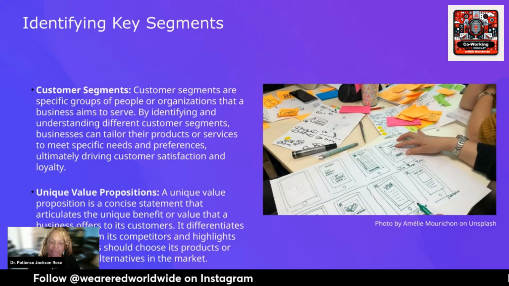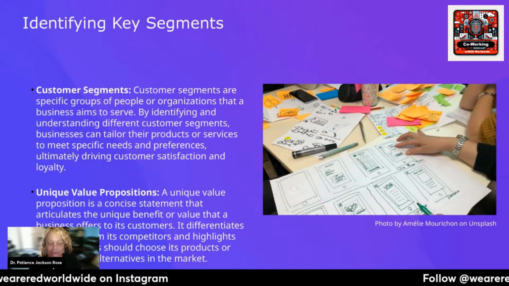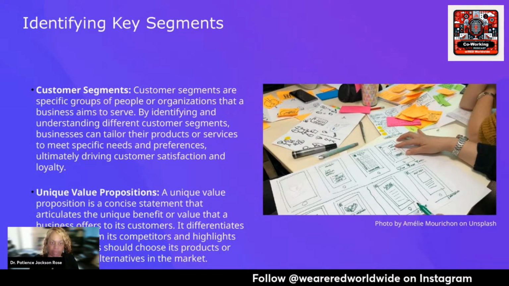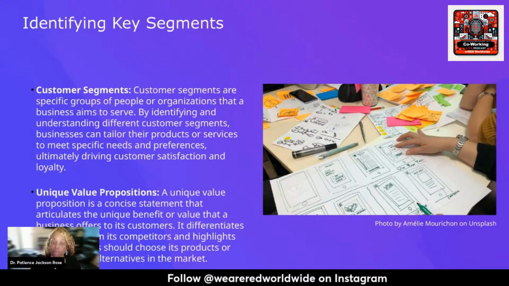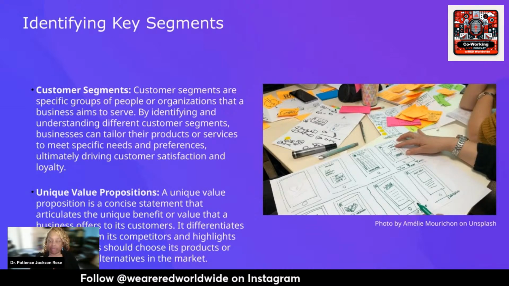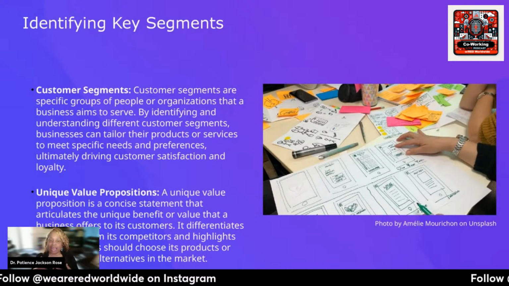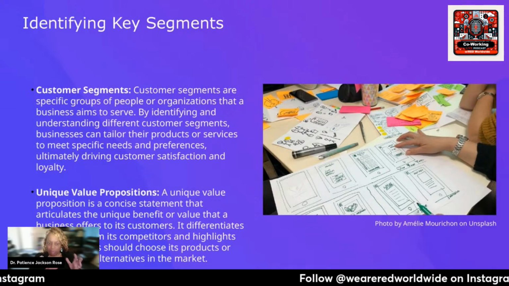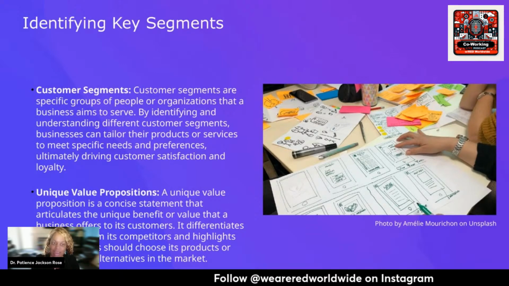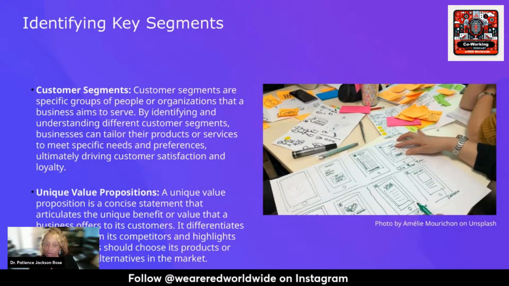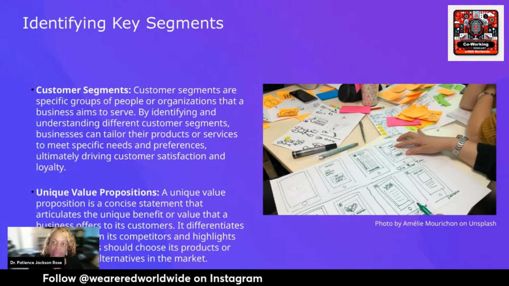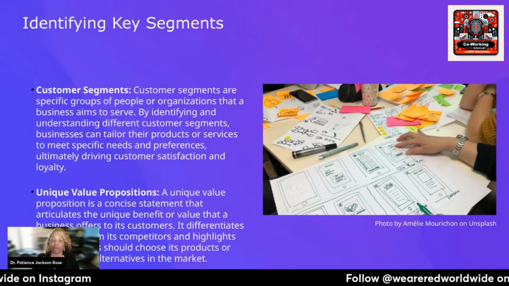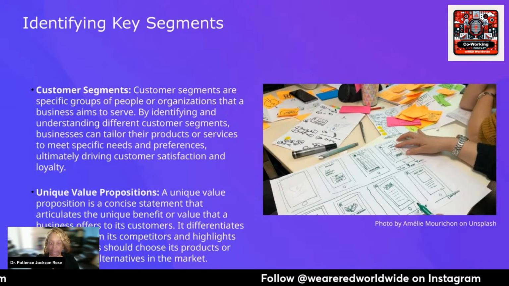So, some of us are doing a particular type of business where we might have two or three customer segments, where others of us might only have one specific customer segment. But within that customer segment, there are ways that you can identify people that give you the ability to tailor your products or services to meet some specific needs or preferences, and that's going to drive your customer satisfaction and loyalty.